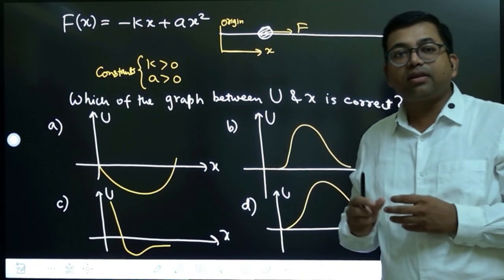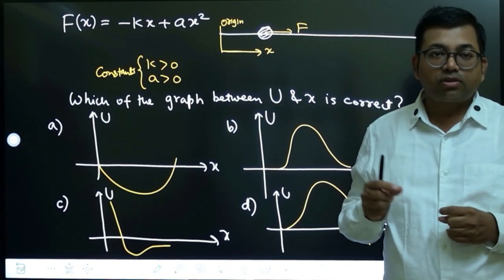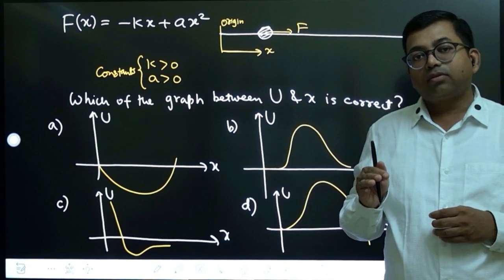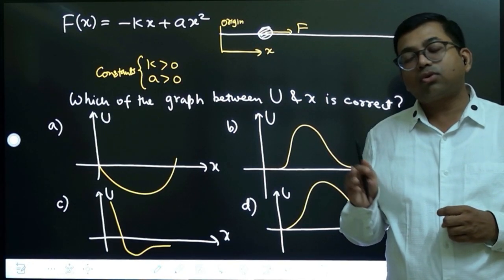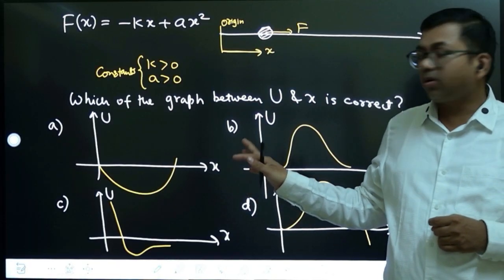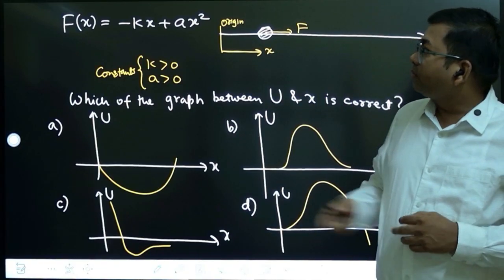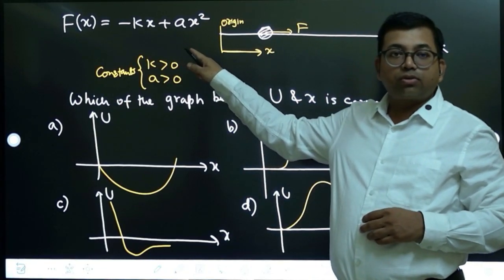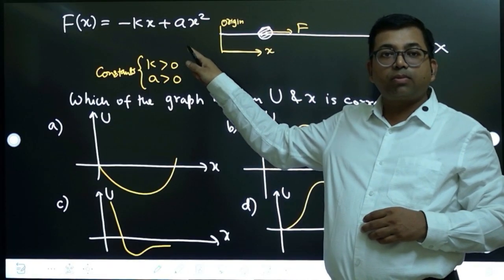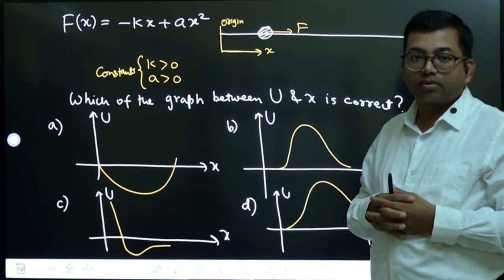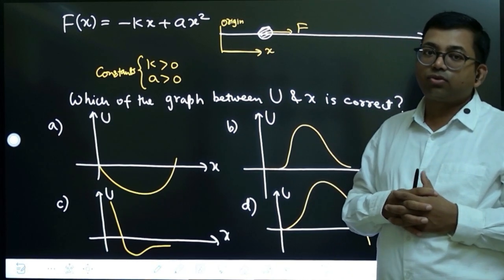That idea you can think about. Where du by dx is 0, the slope of this graph should be 0, which means a maximum or minimum should happen. If force is 0, how many roots will be there? Two roots will be there.